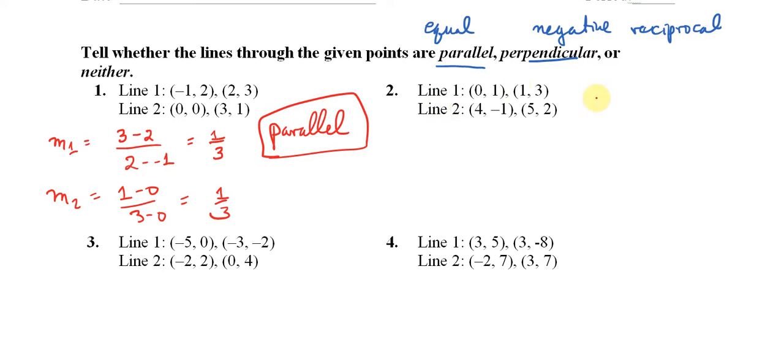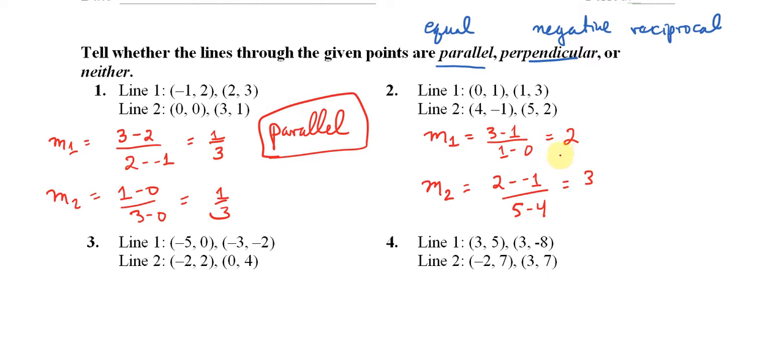Example 2. Same thing again. Let's start out by calculating slope. The slope of the first line is changing y, so 3 minus 1 divided by 1 minus 0. So that's just 2 over 1, or 2. M2 is 2 minus negative 1 divided by 5 minus 4, so you get 3 in the numerator and 1 in the denominator.